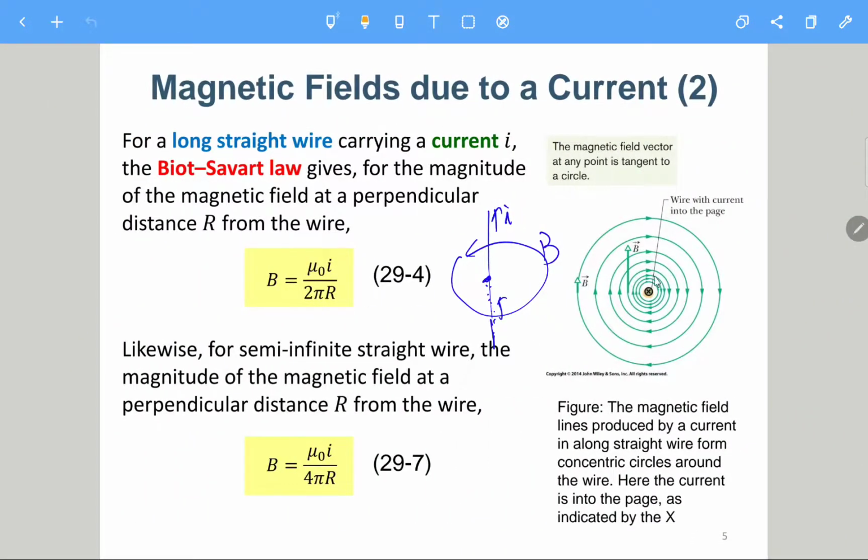We assume that this wire is very thin, infinitely thin. There is no thickness, the radius will be zero. This is a thin, infinitely long wire. So we get this result.